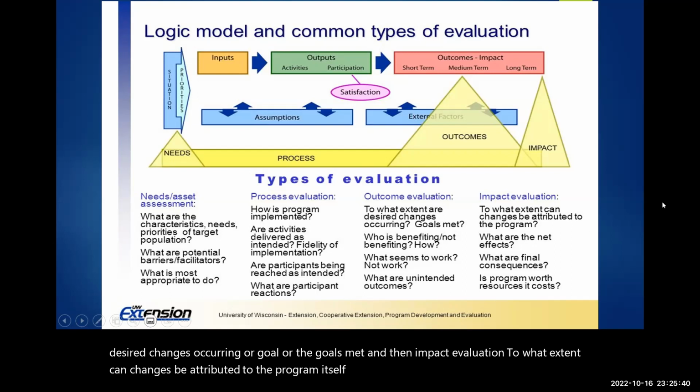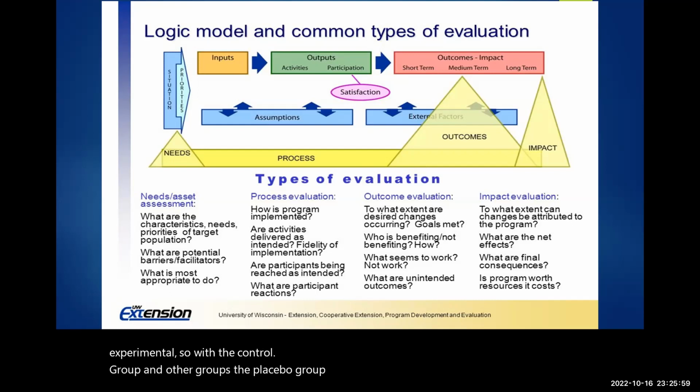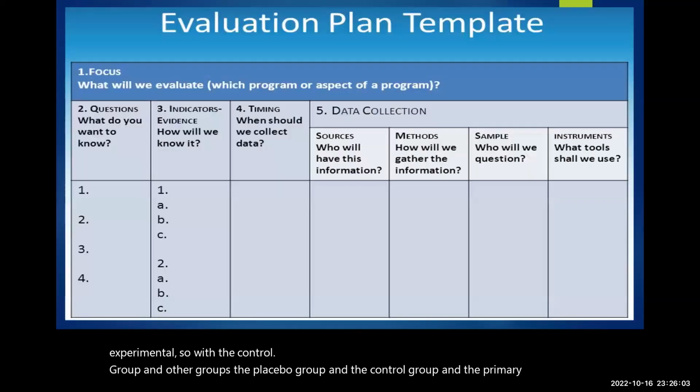Because if you can, and that's usually done, a lot of times for impact evaluations you will see quasi-experimental designs, with the control group and other groups, the placebo group and the control group and the primary group as part of the research.